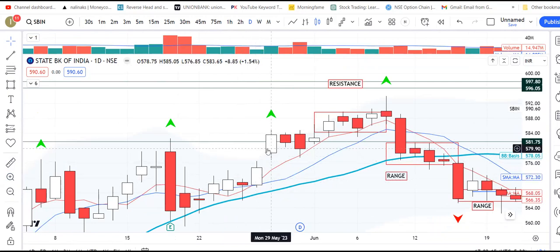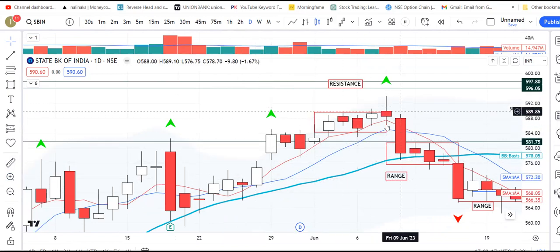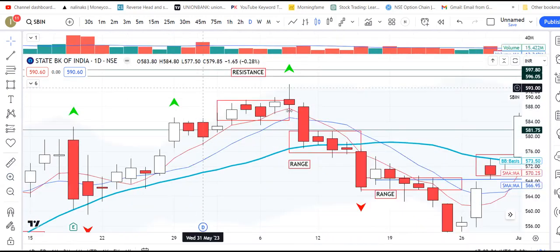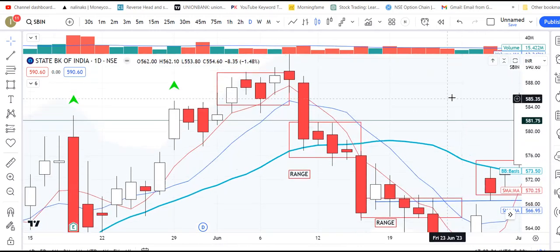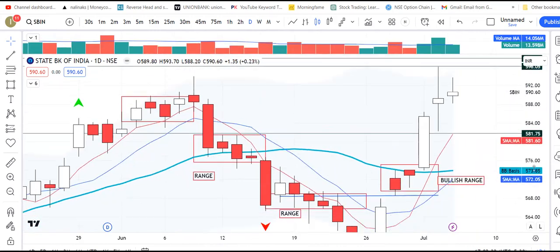It is not making higher highs. It is in the same range. You will see one green candle, red candle, green candle, alternating. Then you will immediately come to know it is a range.